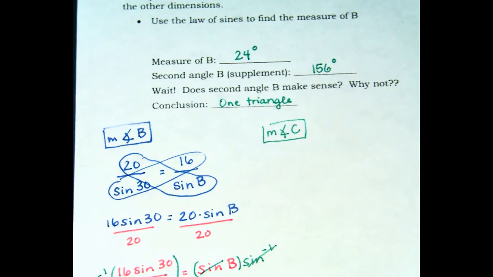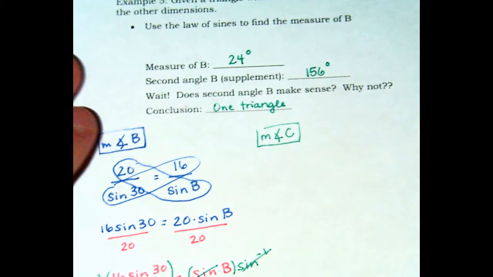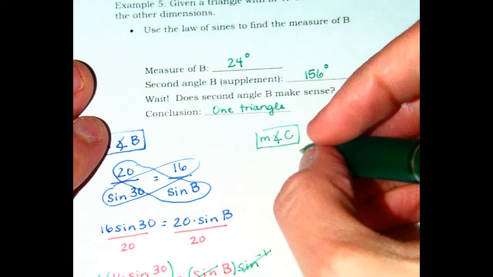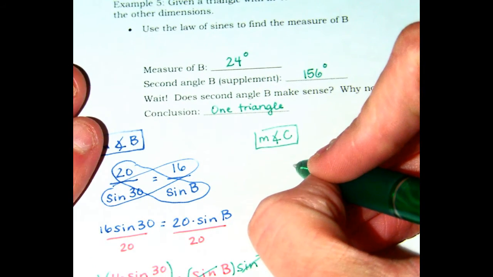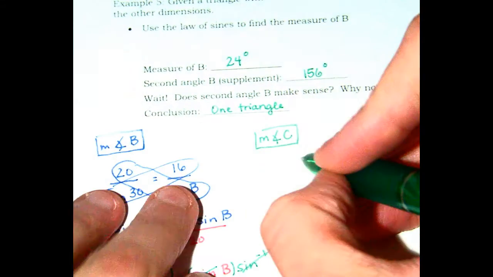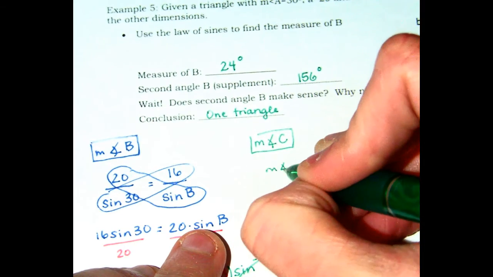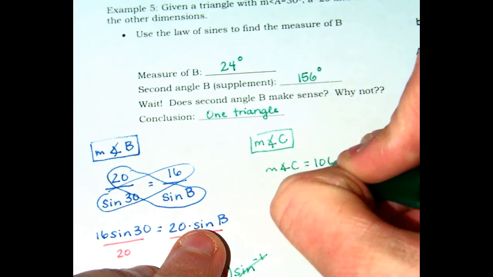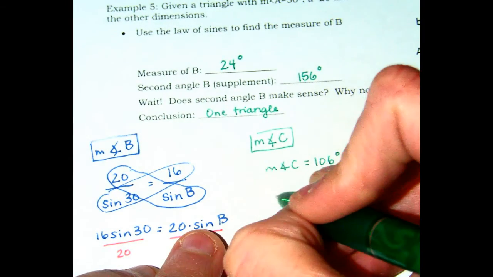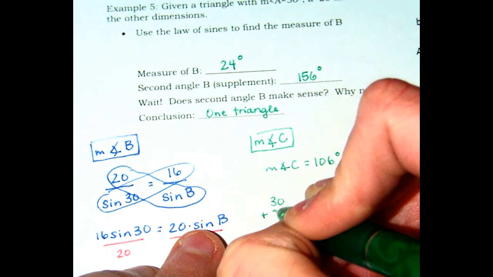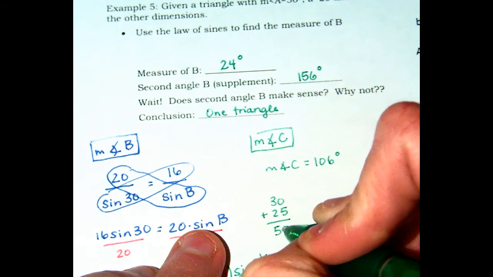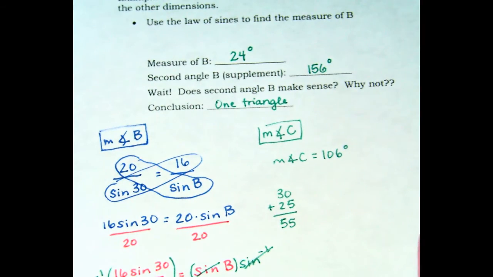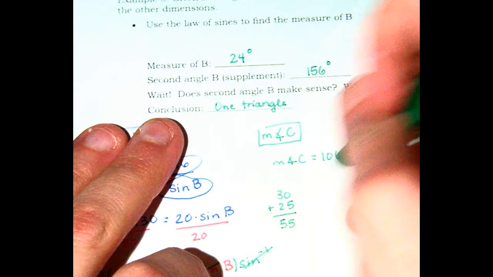If the measure of angle B is 24 degrees, what is the measure of angle C? Or how do you find it? 106? Okay, how'd you find it though? Yeah, so 30 plus 24, which is, so that's not 106. I can't hear.